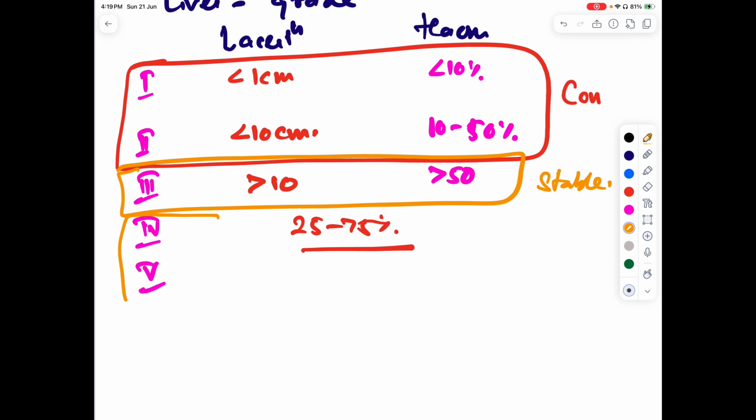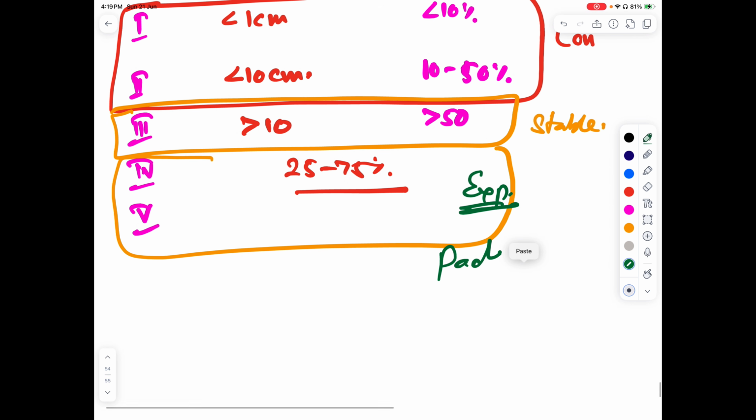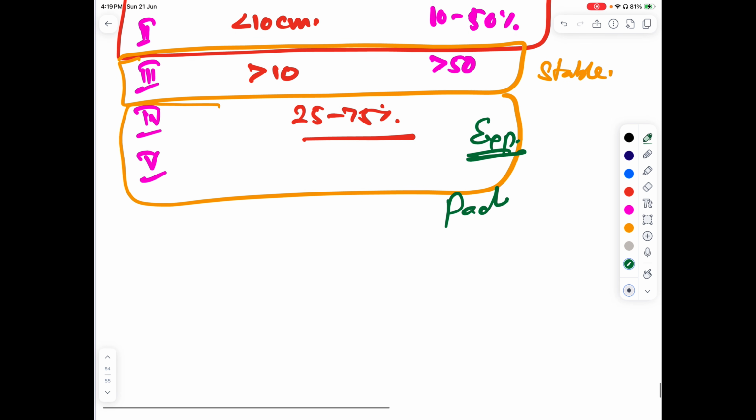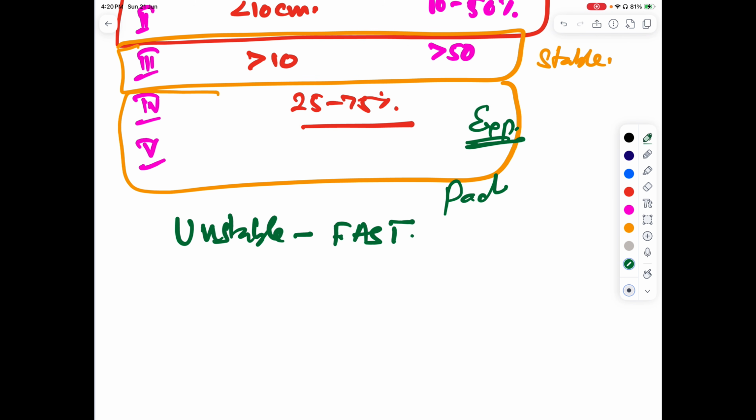For grades 4 and 5, with vascular injury and so on, you have to go for exploratory laparotomy, then packing, suturing and all that. CT is good if the patient is stable; for an unstable patient, you have to go for FAST. Then you can go for damage control surgery, just packing and blood.